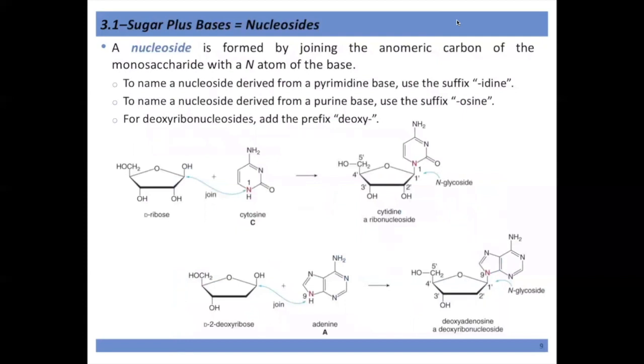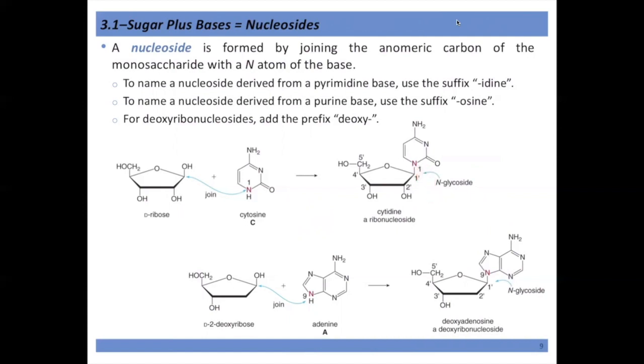So when you add a sugar and the heterocyclic base, you attach the heterocyclic base at the anomeric carbon. So these are N-glycosides. We'll talk more about sugars later, but this is referred to as a glycosidic linkage. And this is the beta anomer, if you remember that from organic chemistry.